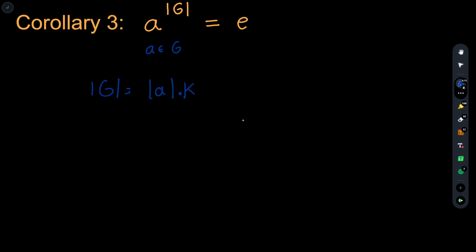We just proved this statement in our previous corollary. So if I rewrite this expression, it will be a to the power of the order of a multiplied by something. Then this will be e to the power of something, and this is just e, the identity member.